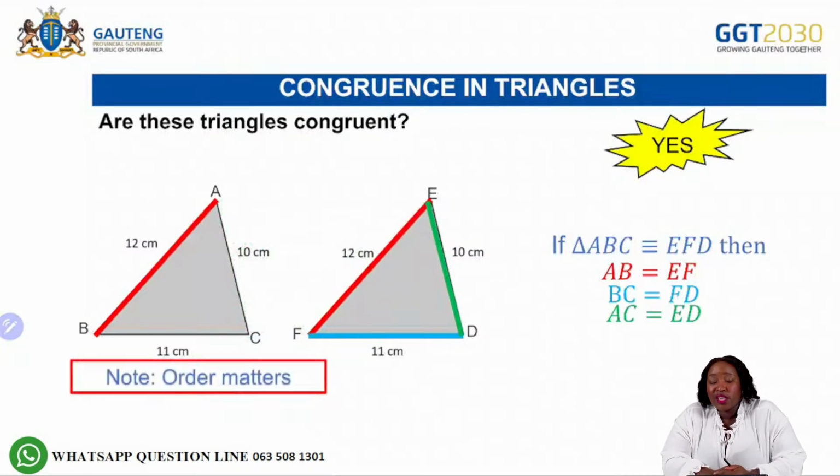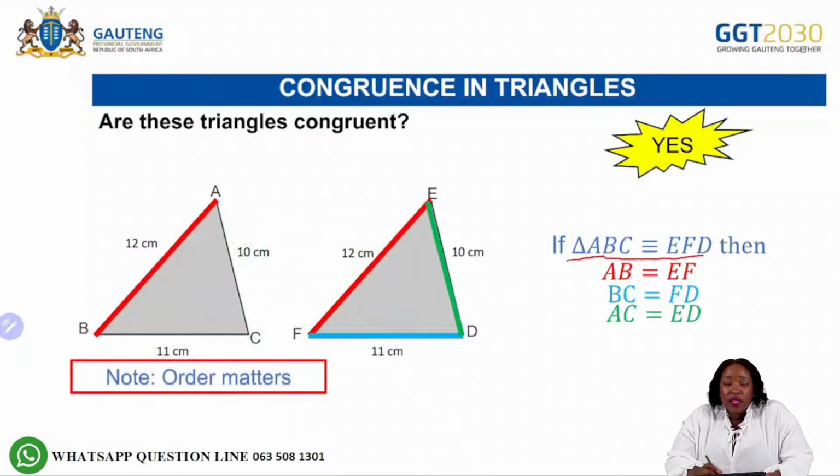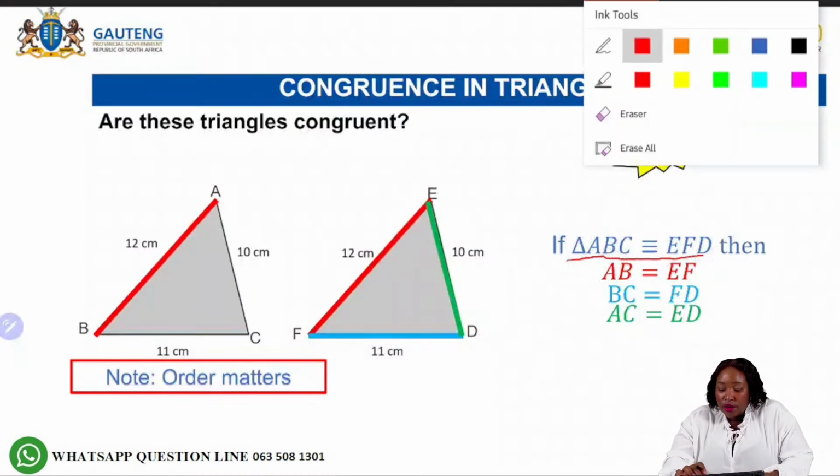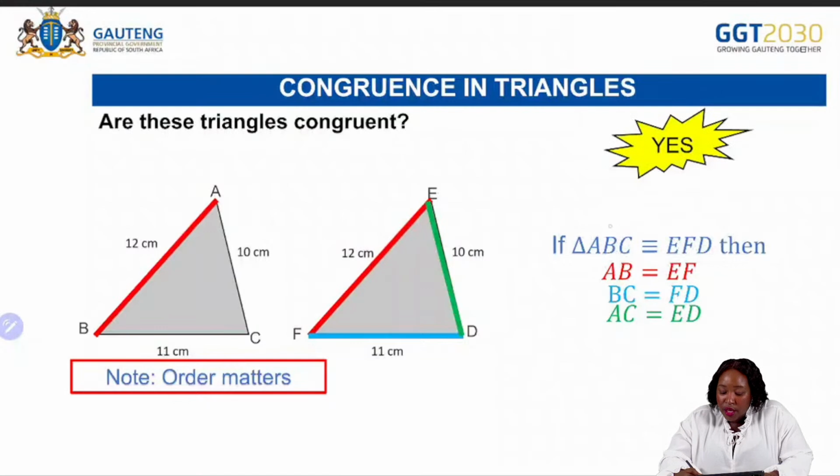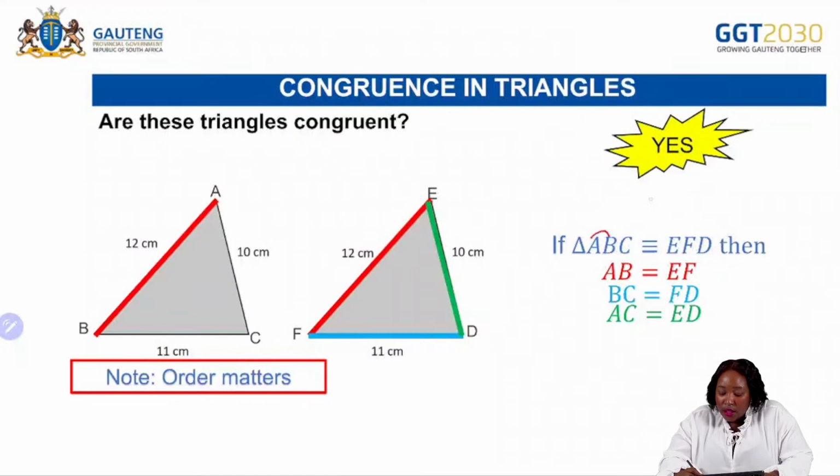What's important here is to keep note of the order in which the statement for congruence is given. If this is given in the question, it's already in the correct order. But if you have to come up with it, make sure you are writing it in such a way that you can read off the corresponding sides or the equal sides from the statement. I will go through that with you as well. Okay, but you should notice that if I say AB here, let me just clear this. All right, so for your sides, look here, AB is equal to EF.